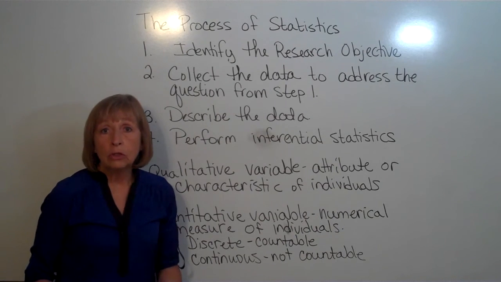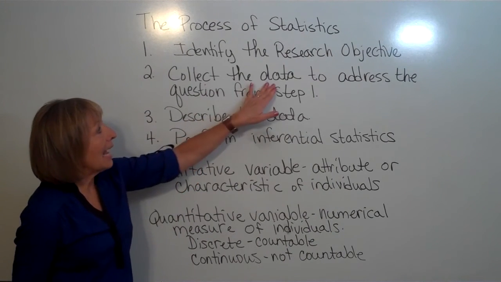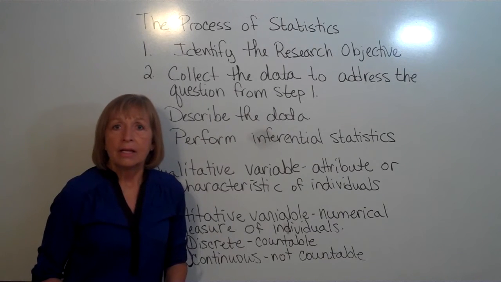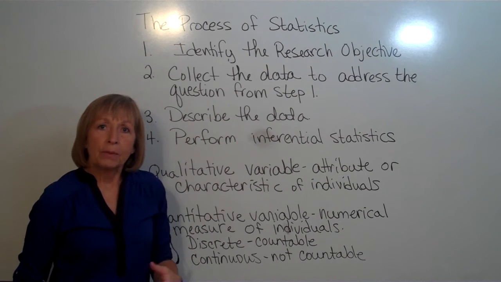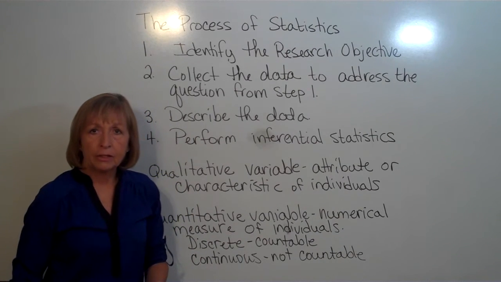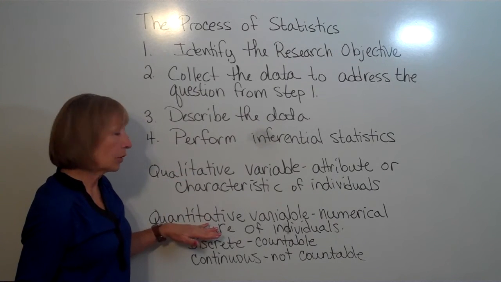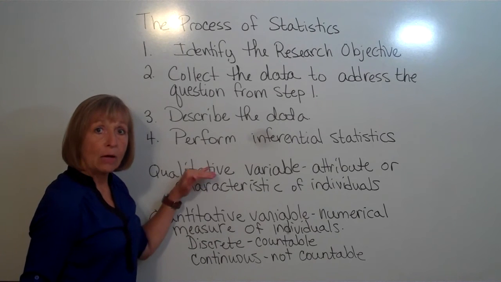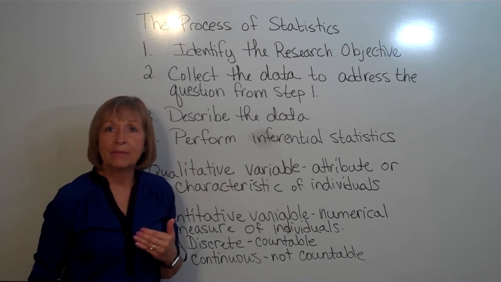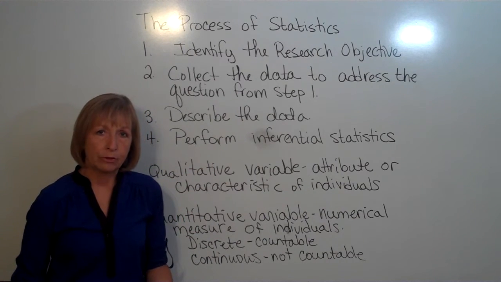Now, when we're looking at the data and collecting it, the random variable that we are focusing our attention on could be either qualitative or quantitative. Qualitative data is something that has a characteristic or an attribute.